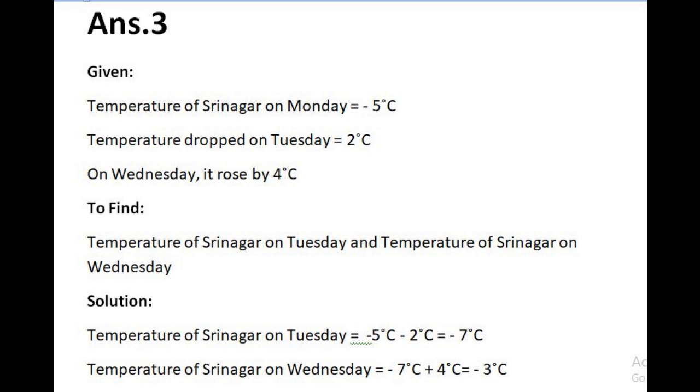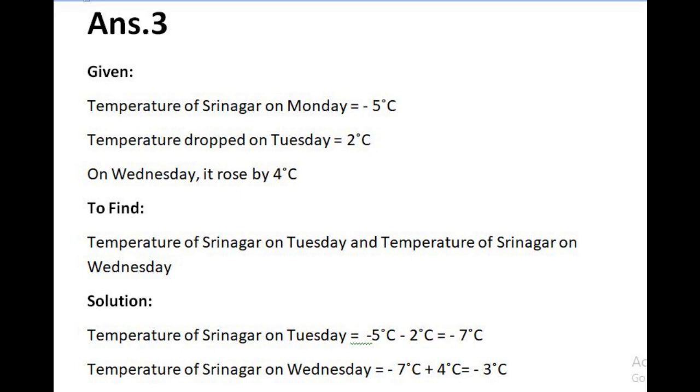So in the solution part, first for finding the temperature of Srinagar on Tuesday we have done subtraction. So minus 5 degrees Celsius minus 2 degrees Celsius. So we will add them, we will get the answer minus 7 degrees Celsius. Okay, now as we can see in the question part, on Wednesday the temperature rose by 4 degrees Celsius. Rose means now we will have to add.